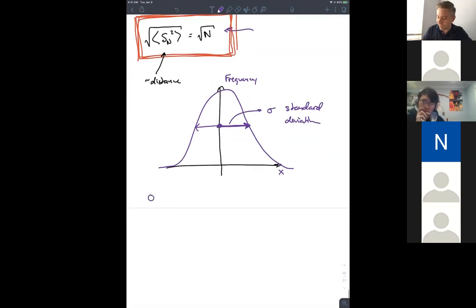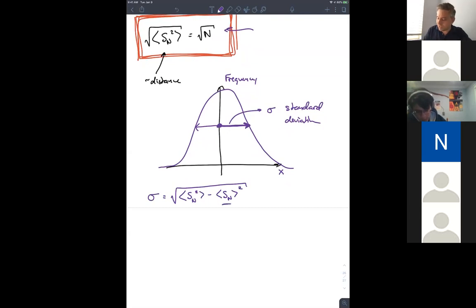The way that you can calculate the standard deviation is like this. Given any probability distribution, you start calculating these averages of this distribution. It's the mean of the squared distance minus the square of the mean. Then what we have to do is take the square root of this. That is how you calculate the standard deviation.